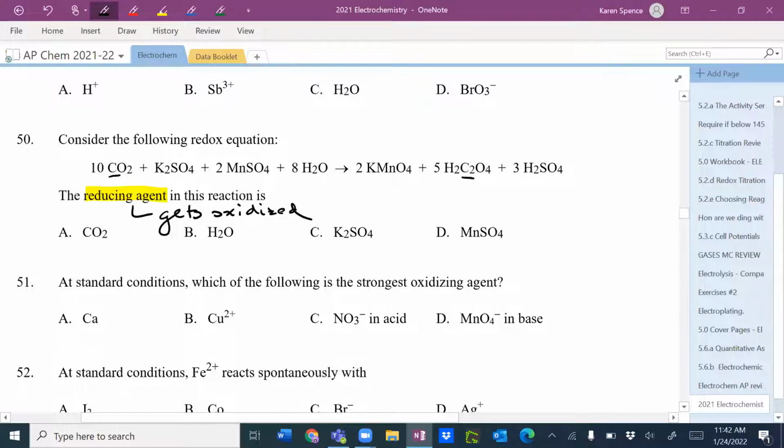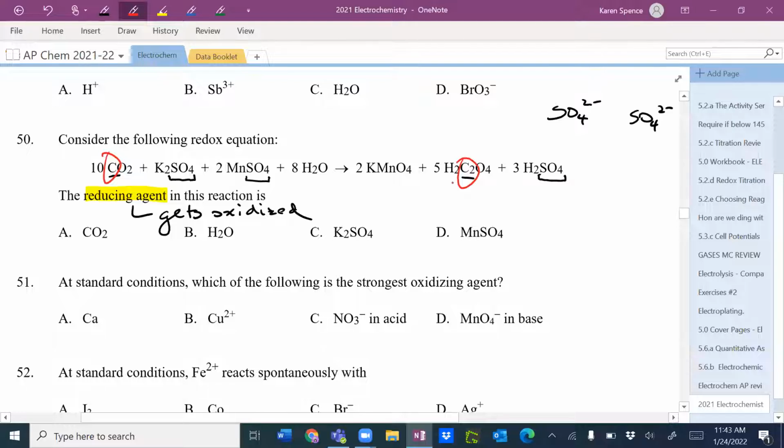And SO4 stays as SO4. So when a polyatomic ion stays as a polyatomic ion, it's not undergoing oxidation or reduction because you've got SO4 2- and it is still SO4 2-. So we're not looking at the SO4, we are looking at the carbon.